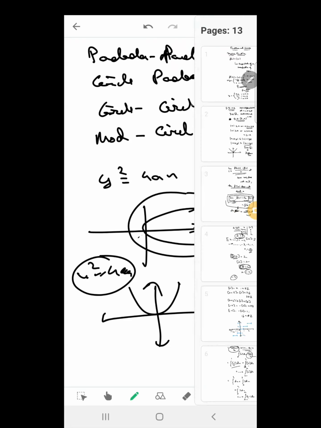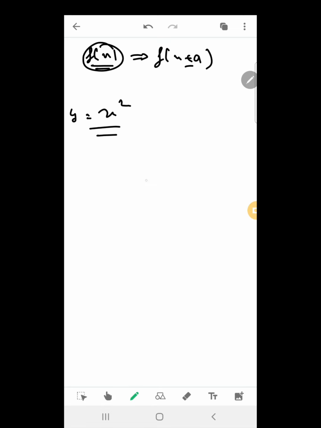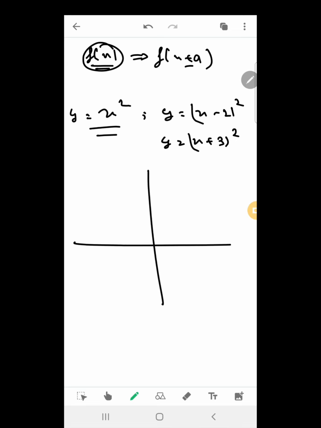Then you have one more thing under curves, which is shift. With the help of f of x you can graph f of x plus or minus a. Suppose you have the graph y equals x square. Using this you can find y equals x minus 2 whole square, and y equals x plus 3 whole square. What happens is that the curve just gets shifted a bit.